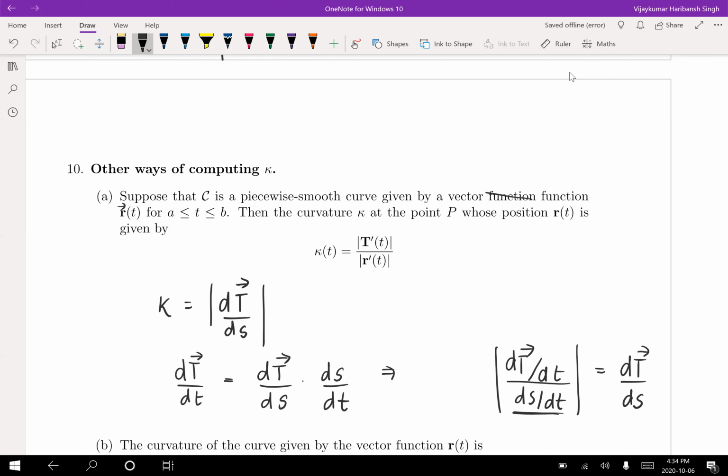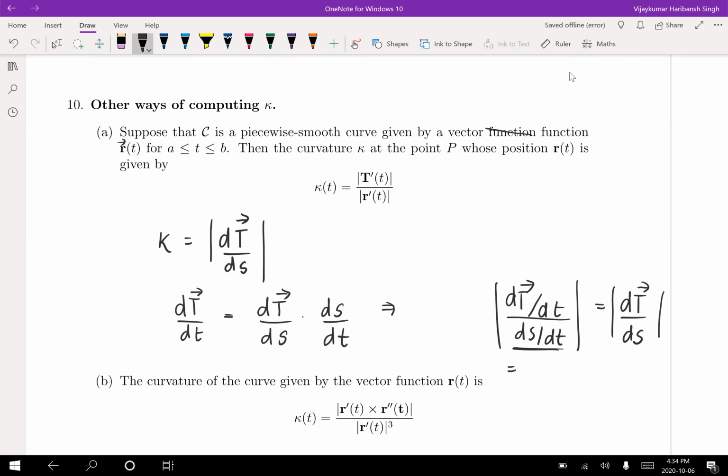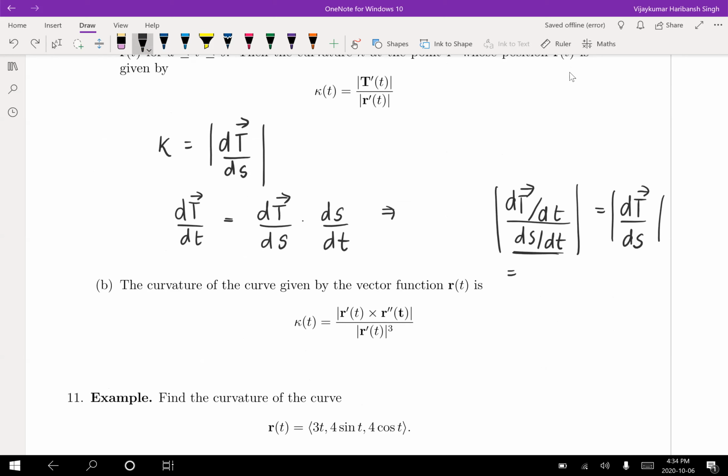So the absolute value of this is equal to the absolute value of that. So this can be rewritten with the top as T prime t and the bottom as r prime t. Therefore you have another way of computing the curvature. Another way to compute the curvature is kappa at t equals the length of r prime t cross r double prime t, divided by r prime t cubed.